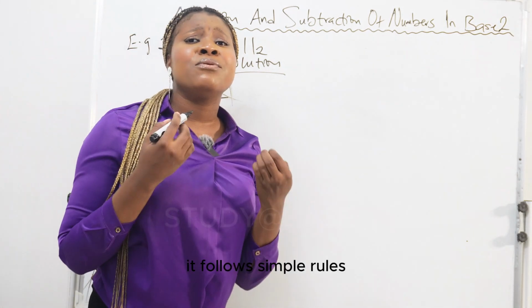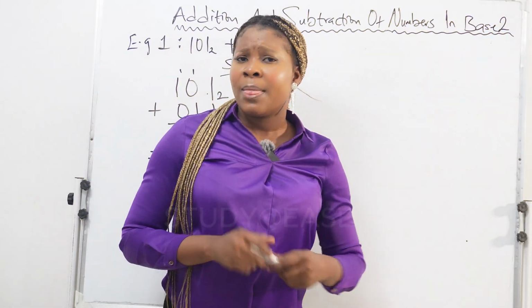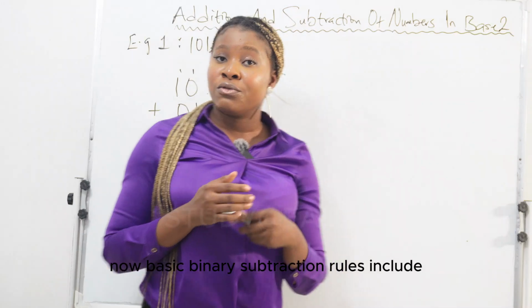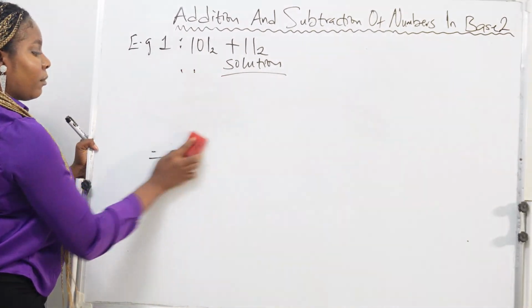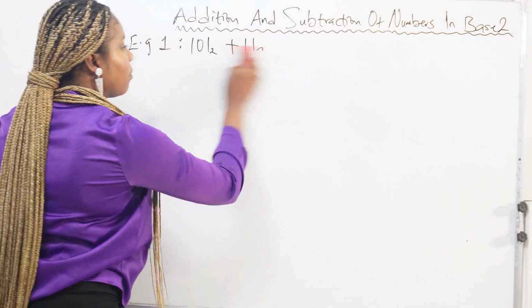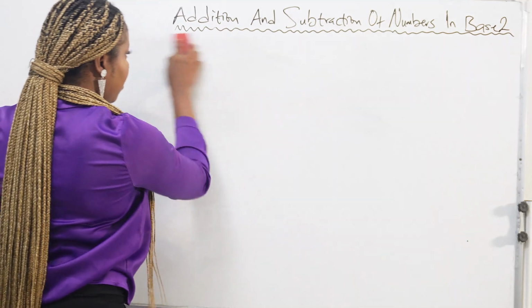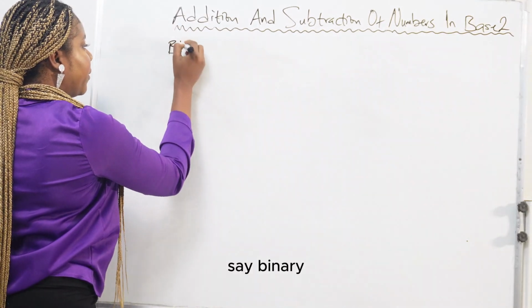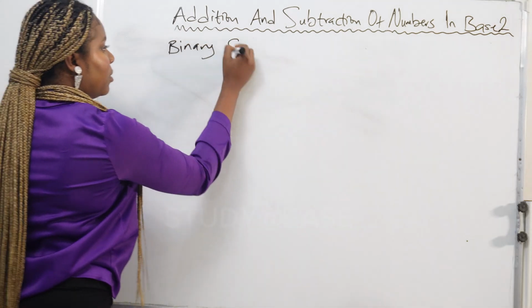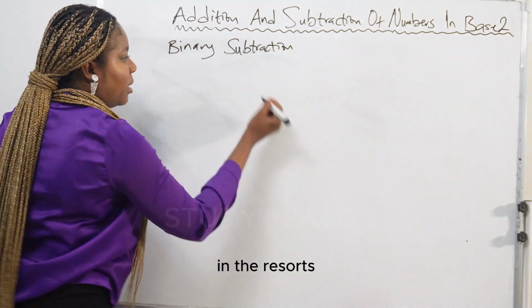It follows simple rules, but requires borrowing in some cases. Now, basic binary subtraction rules include, say, binary subtraction in the results.